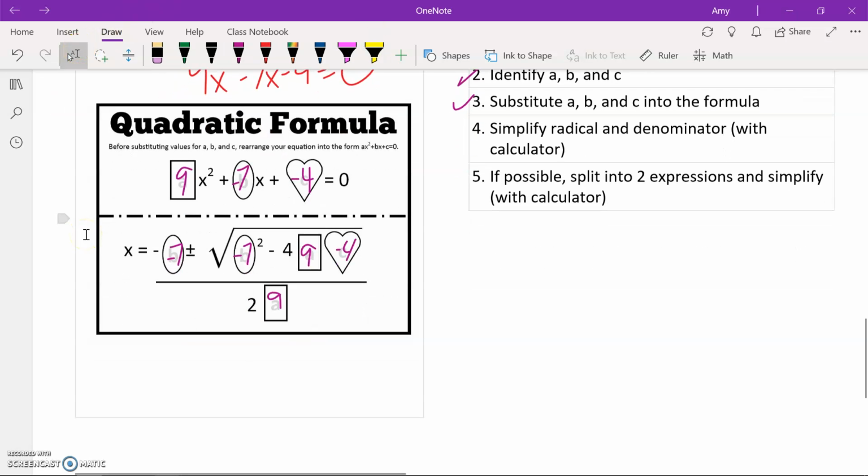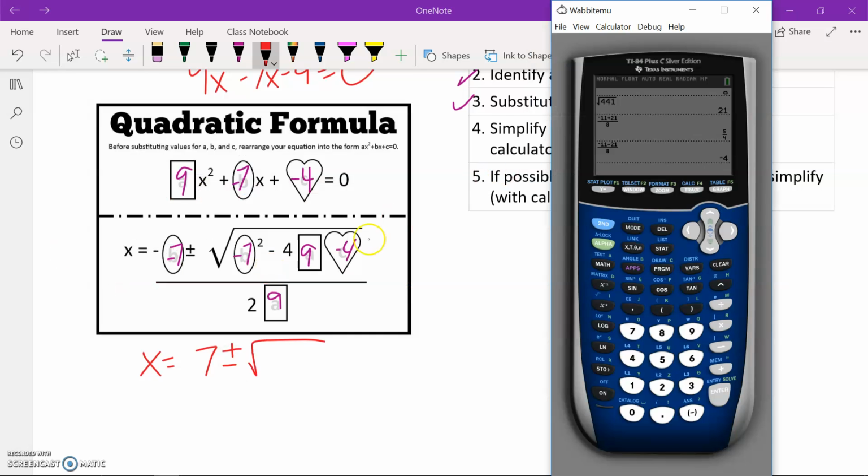So now we're going to simplify as much as we can. Minus a negative, so that gives us +7 plus or minus. And this is where I take out my calculator again to simplify the radical. I'm using parentheses and using -7 parentheses squared minus 4 parentheses 9 parentheses -4.